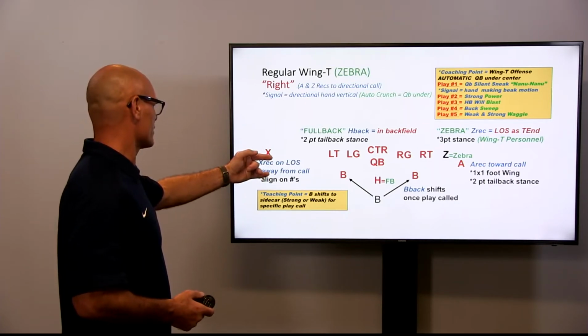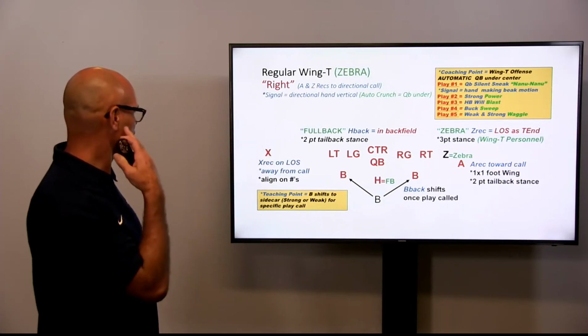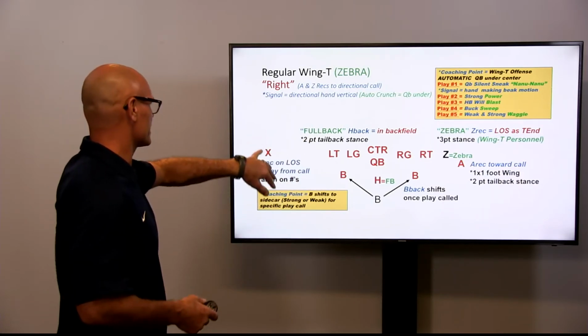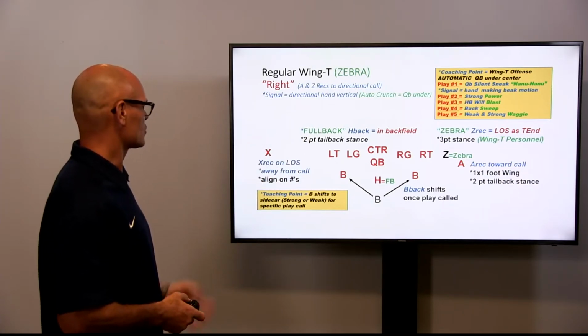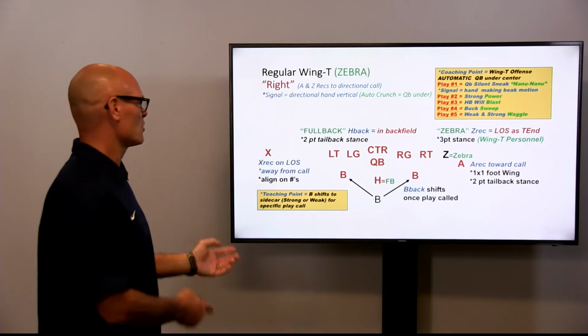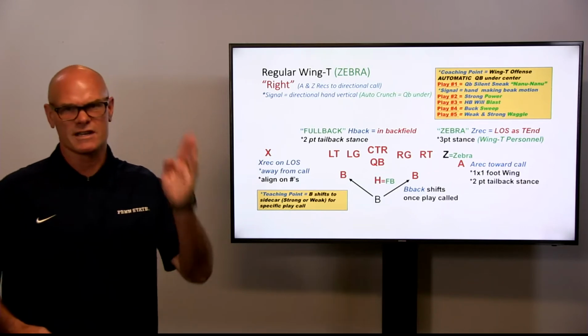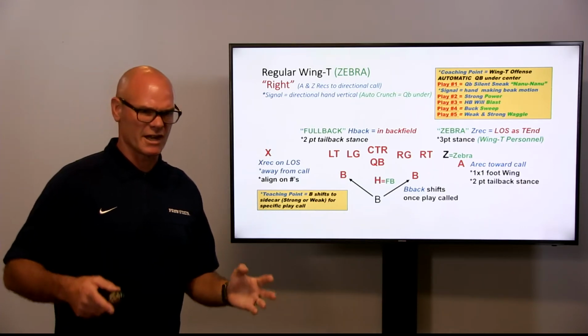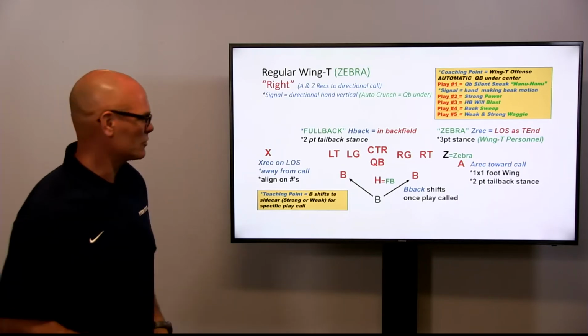The quarterback's going to go under center. The B again will shift once the play is called, and you can see now the Z is going to come in all the way tight. This is where we can do a zebra personnel and replace that wide receiver with a tight end. So if we give a right or left formation call, it also designates zebra, which is a personnel cue to change people.